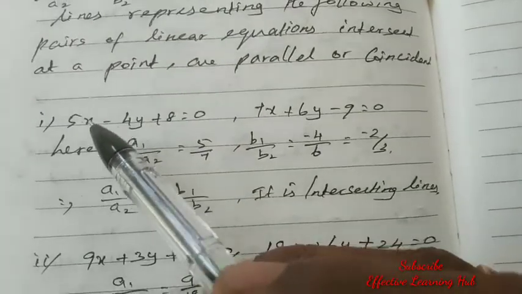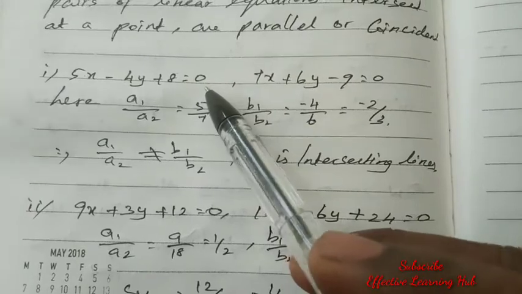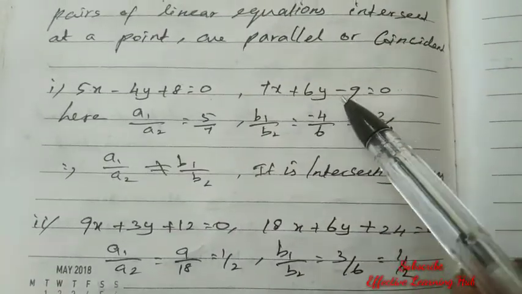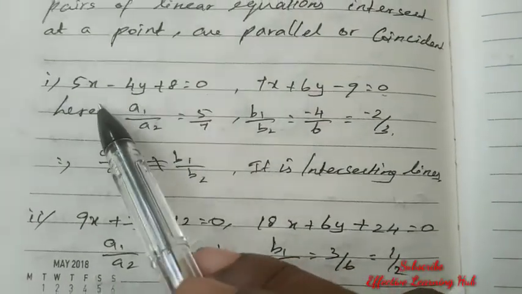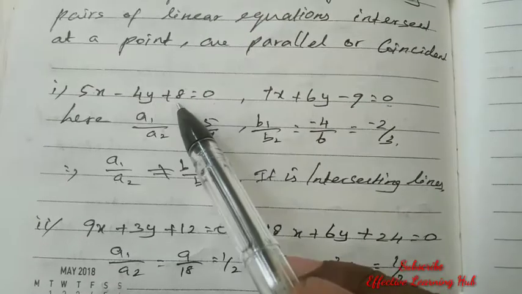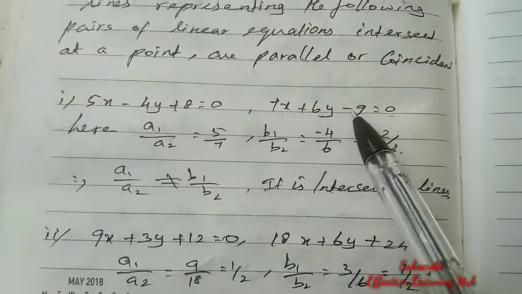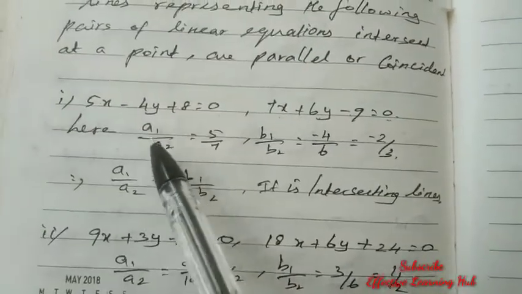Now first question, 5x minus 4y plus 8 equal to 0 and 7x plus 6y minus 9 equal to 0. Here A1x plus B1y plus C1 equal to 0, A2x plus B2y plus C2 equal to 0. Now A1 divided by A2.